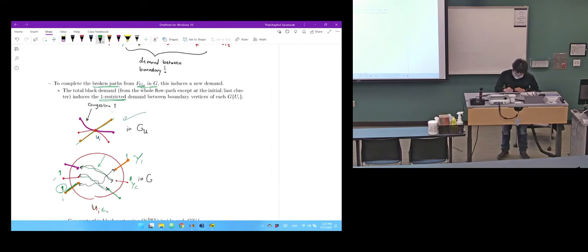So because this thing is from FGU. And FGU is a feasible flow, right? There's no congestion. So the amount of flow that you want to send through this is at most 1. Yeah. So this is a one restricted demand between battery vertices.